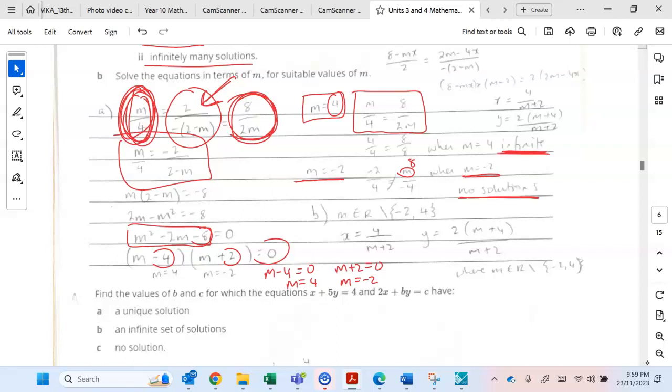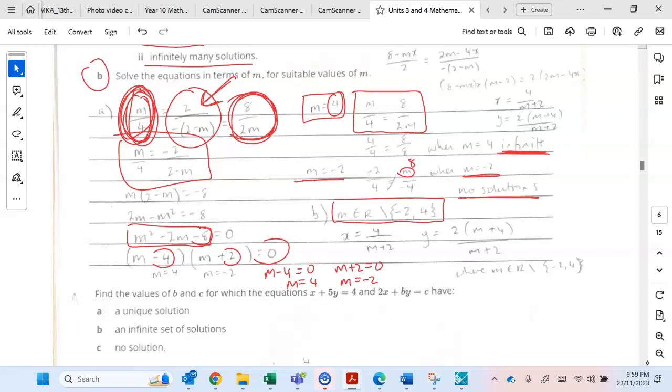Part B, so going back up to the question, solve the equations in terms of m for suitable values of m. So basically, what I've got here, okay, so we're solving for x and y, not solving for m.